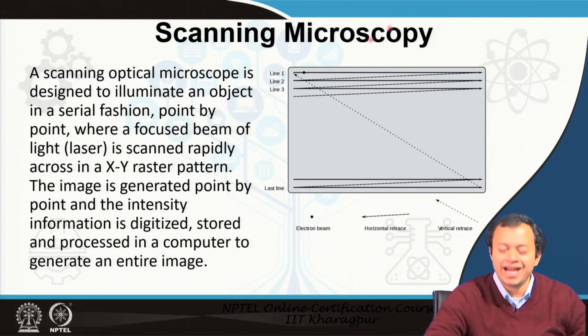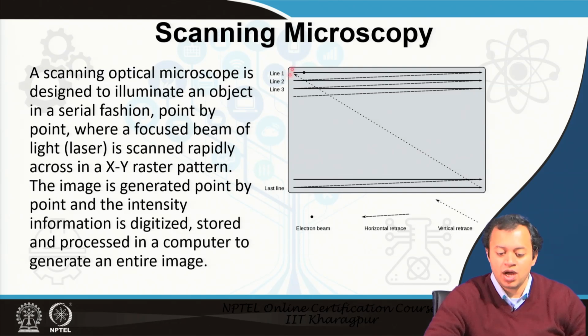Instead of illuminating the entire area at the same time, you are going to send a light here, instance 1, instance 2, instance 3, instance 4 in x, and then again come back to y, and then again come back.